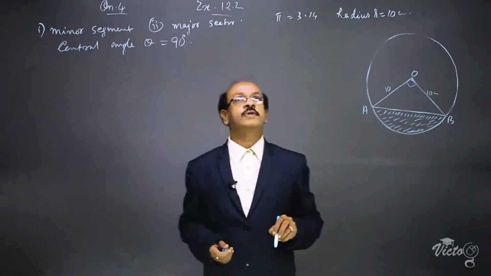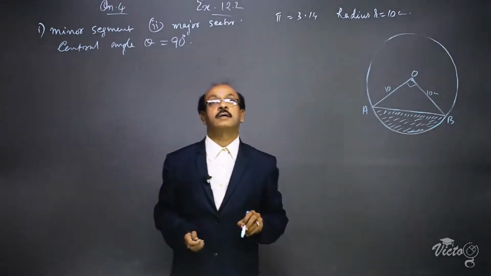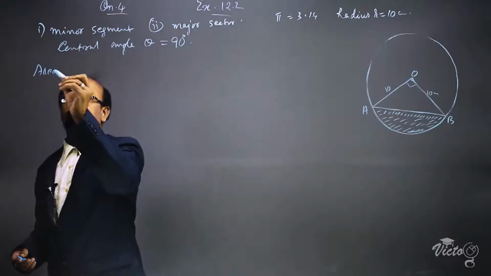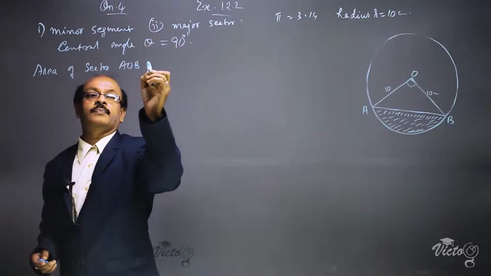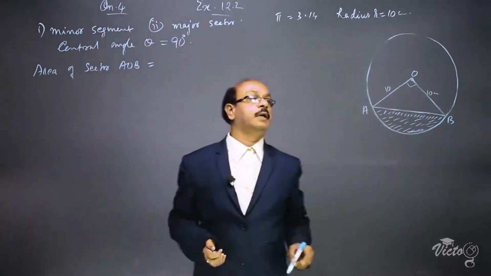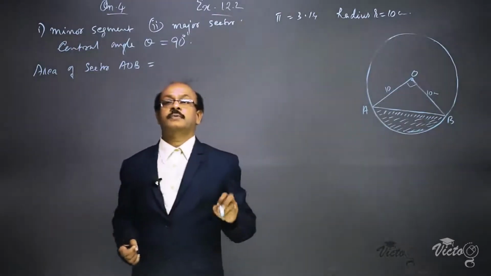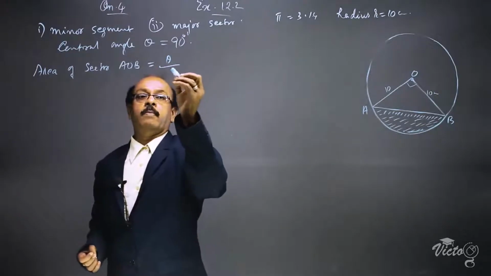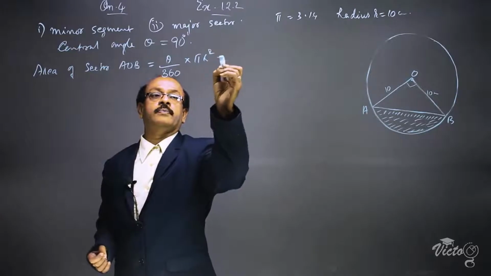First of all, we are finding the area of sector AOB. Since the central angle here is 90 degree, we use theta as 90 degree. Area of sector AOB is equal to theta by 360 into pi r square.